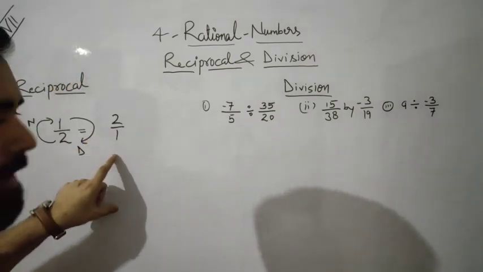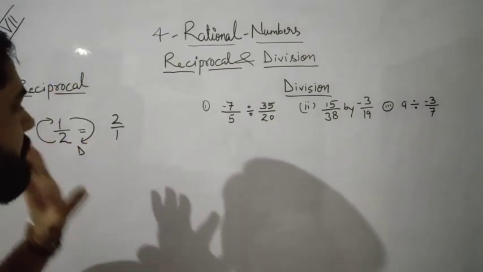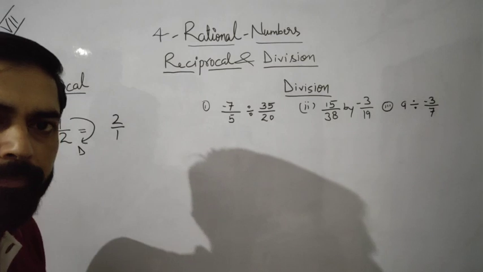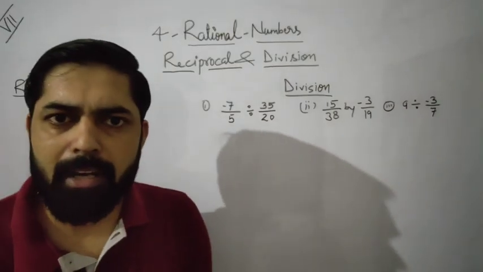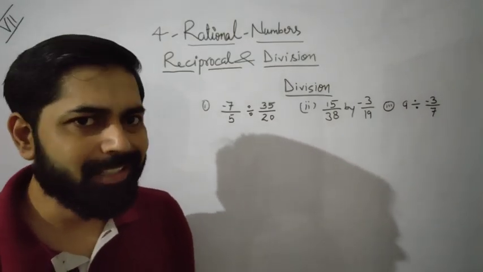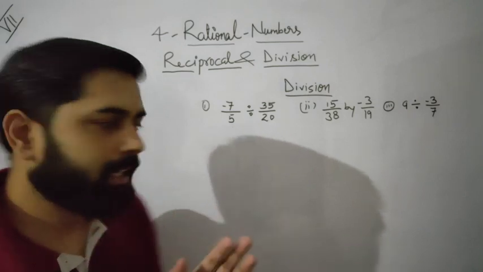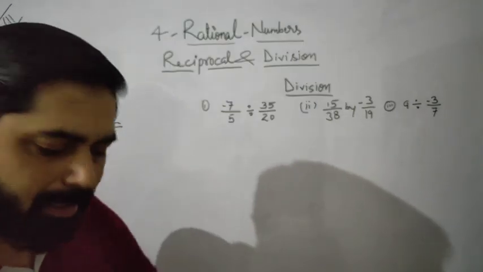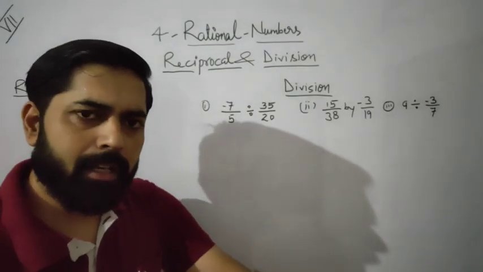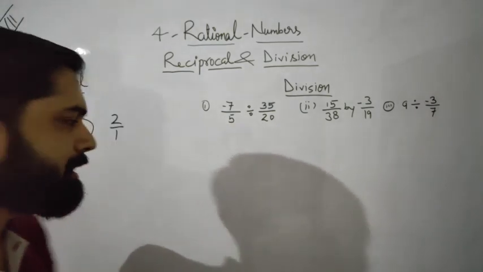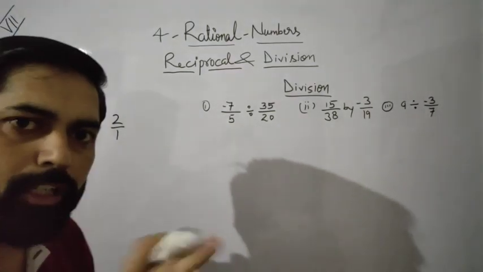So 2 upon 1 is the reciprocal of 1 upon 2. Reciprocal means we just change the number or interchange the numerator and denominator.